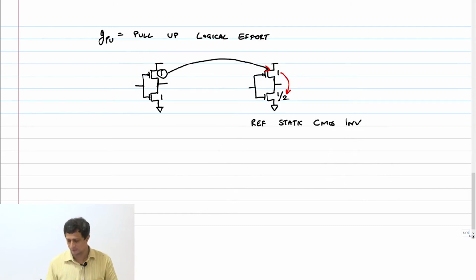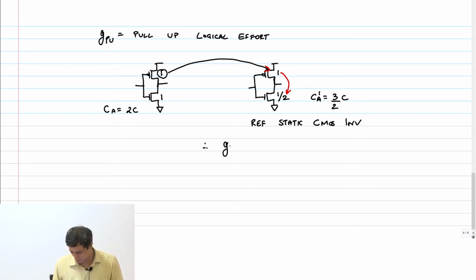Now if this is 1, what is the capacitance? CA is how much? This is still 2C. What's the capacitance here, CA prime? 3 by 2 C. Therefore, G pull up is how much?